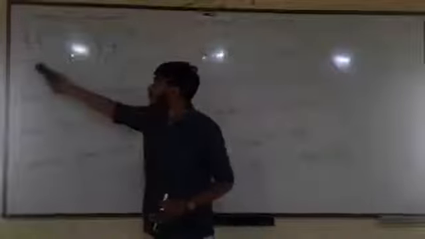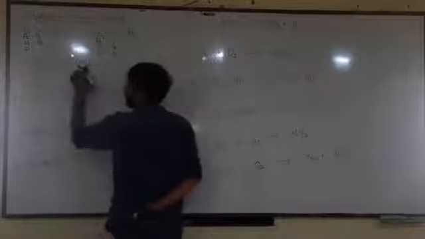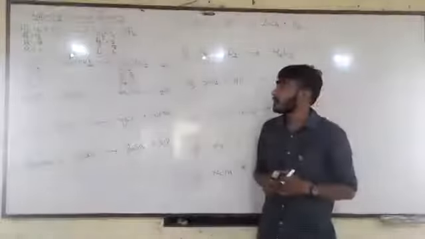But what happens over here? 2 hydrogen, so hydrogen now will be 4. Hydrogen is 4 over here. And now oxygen also gets increased because 3 twos are 6 plus 2, 8. So I can write 8 oxygen over there.